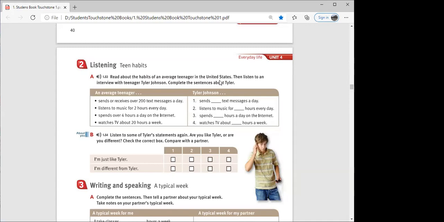Okay, how much television do you watch? It says here that an average teenager watches about 20 hours a week of television. Now that's a lot. 20 hours? I don't watch 20 hours a week. Let's see. On weekdays, I watch about 3 hours at night.